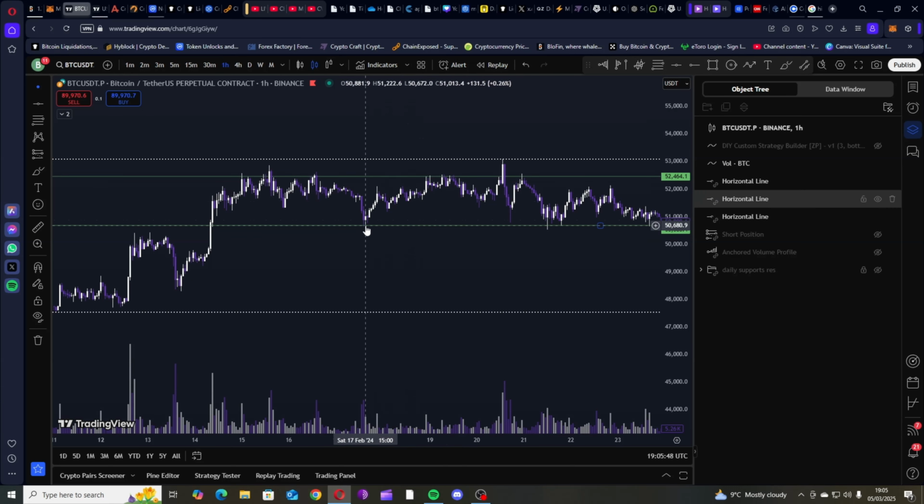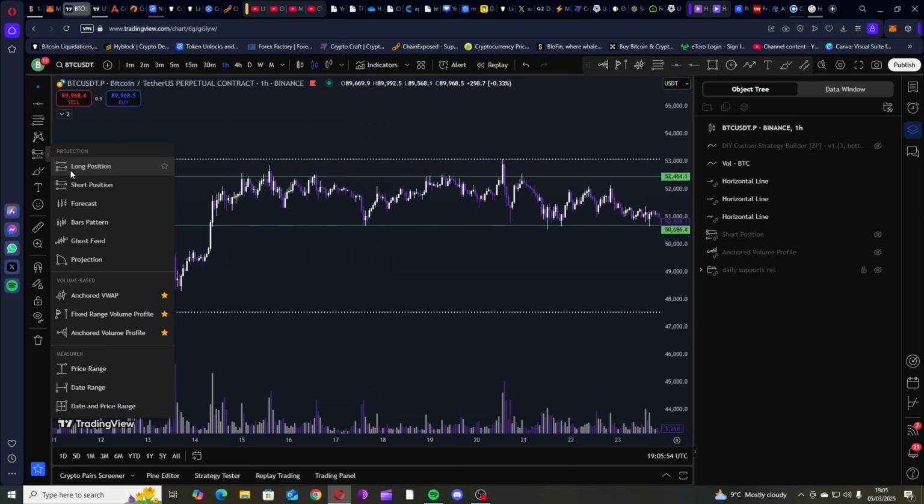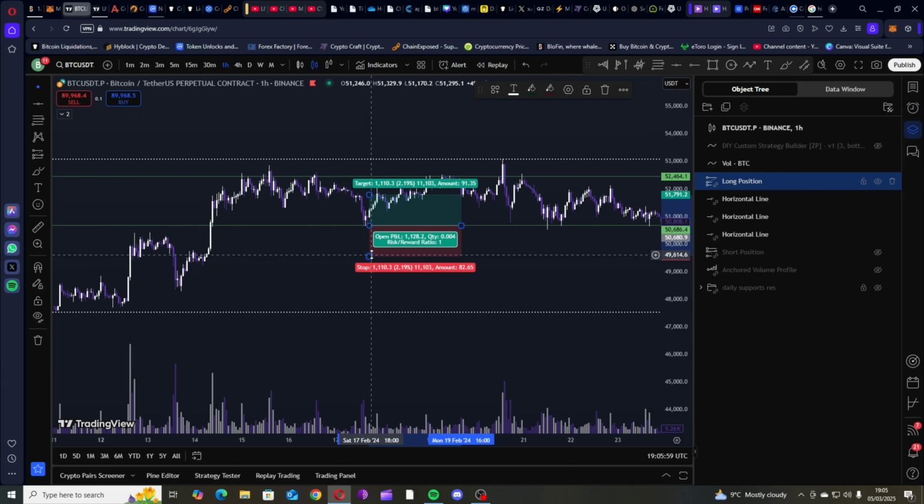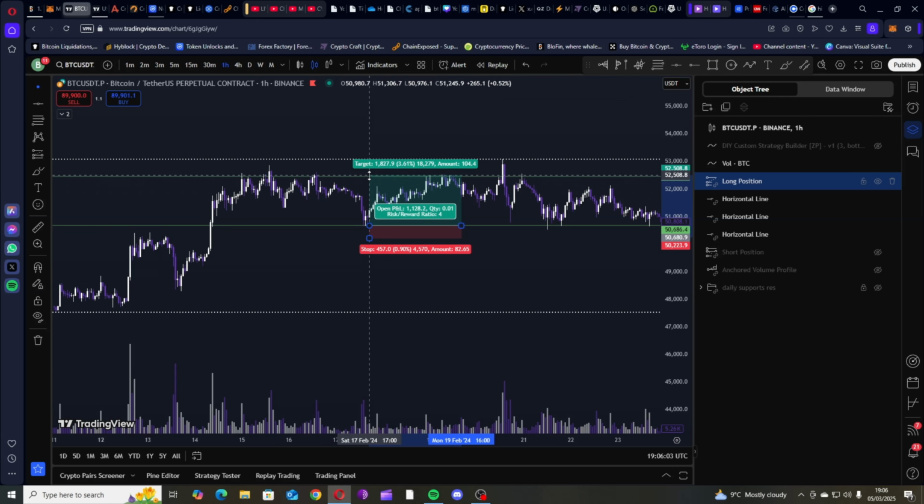So then you're going to look here now, on this zone. This is now a supporting area. Now what I want to do is go long here, and my stop's going to be the same. I'm going to target the top end of the zone. I want it to be a 1 to 4, 1 to 3, whichever you want it to be.